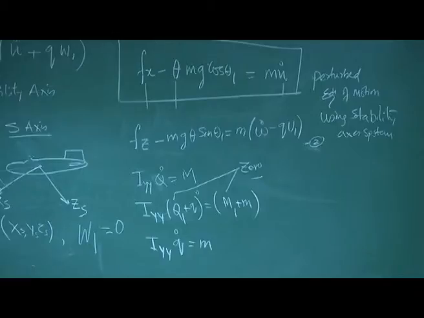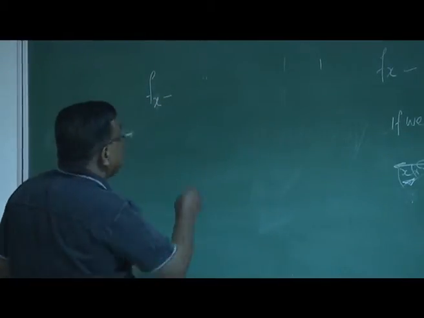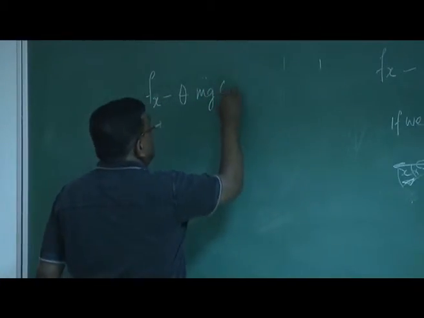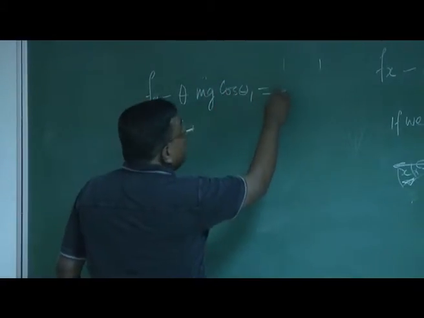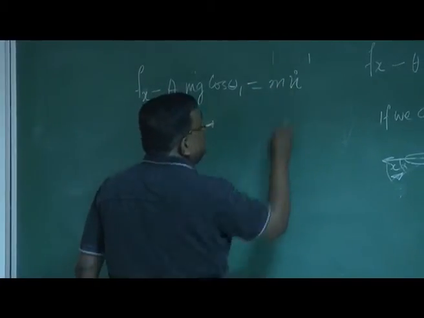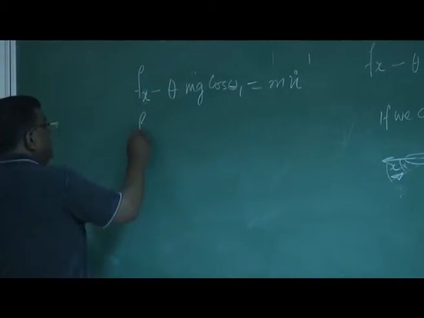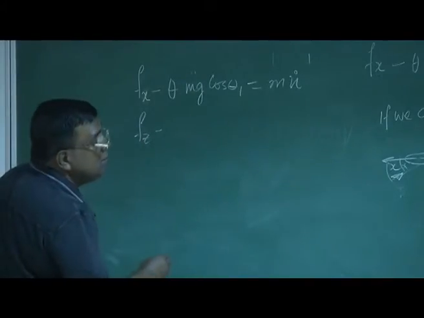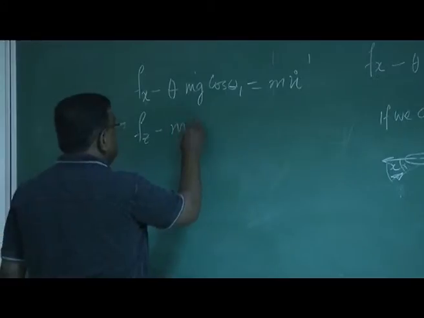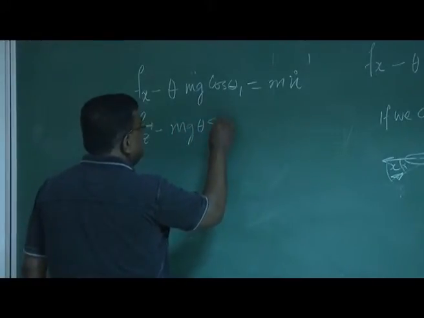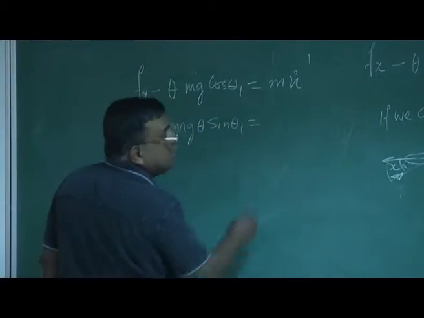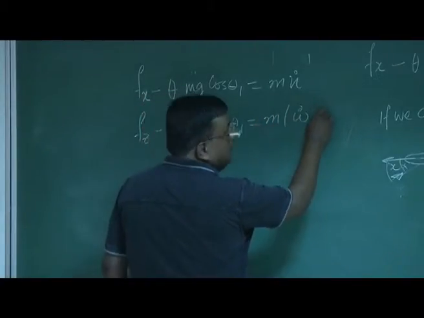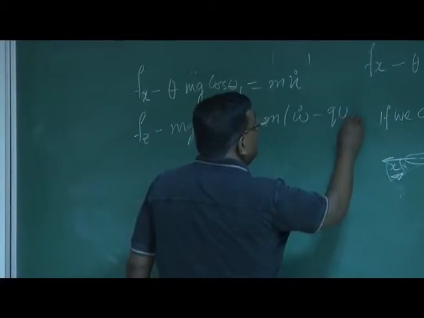So what are the equations you got? F_x minus theta into mg cos theta 1 is equal to m u dot. Then F_z minus mg theta sin theta 1 equal to m (w dot minus q u1).